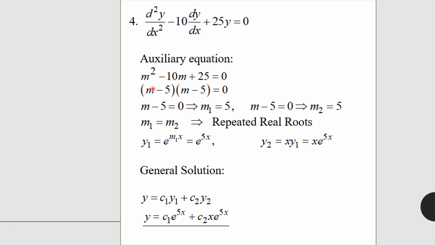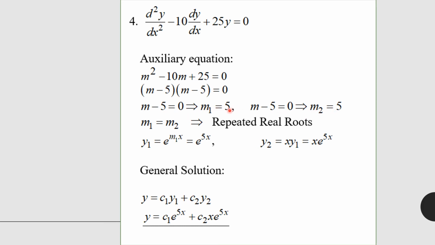Again, we apply the concept a times b equal to 0, meaning the first factor m minus 5 equals 0, or the other factor is also equal to 0. We have another m minus 5 equals 0. So we have two factors which are the same, and either one of them or both of them equal 0. When we solve these equations, m1 is equal to 5 and m2 is equal to 5.